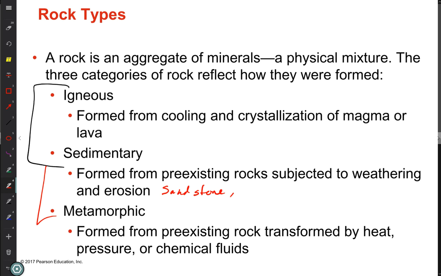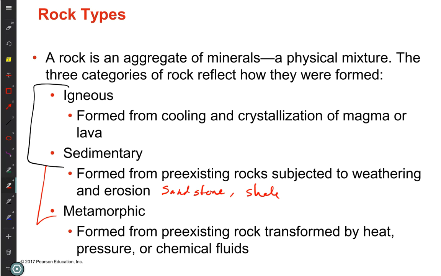Depending on the size of the crystals, you have different names for them. Shale. And there's one in between that we call mudstone, but there's no point in talking about that. Those are examples of sedimentary rock.